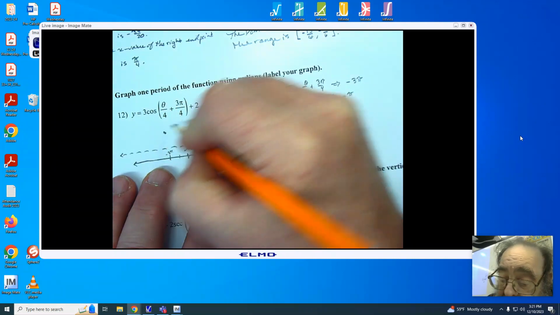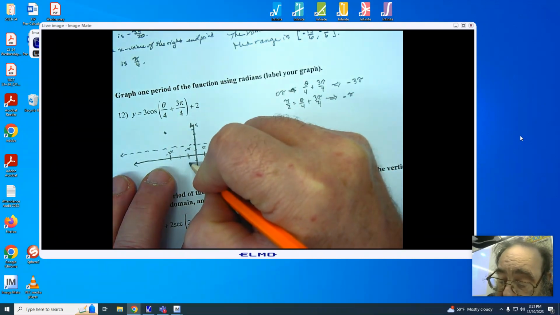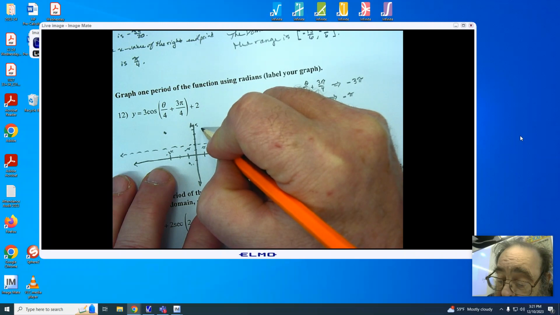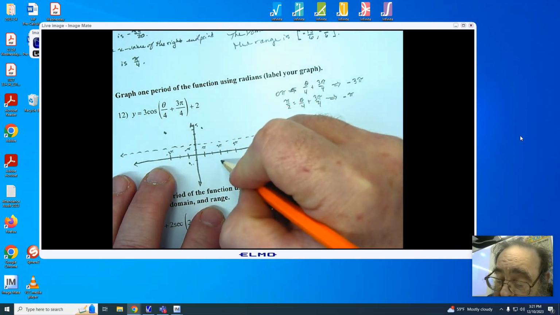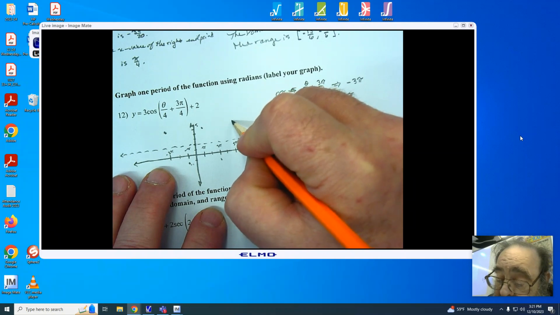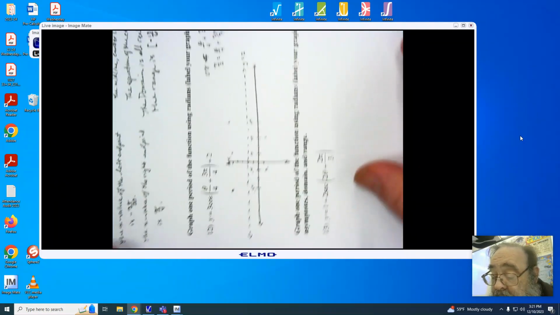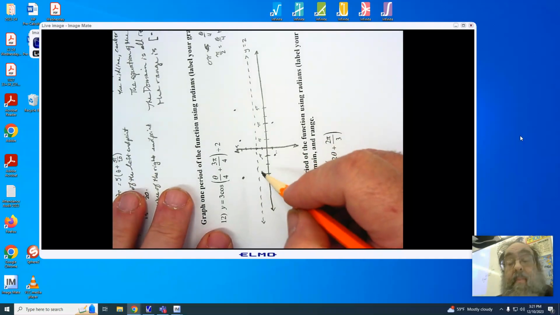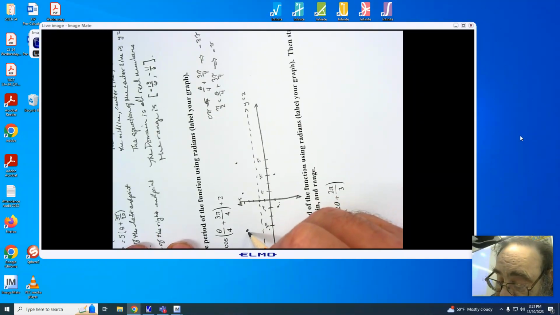Plot my point, and everything now follows. All I have to do is keep going up and down, and then I'm going to draw my cosine. Now I like to turn my page so that I can get this in a nice smooth curve.